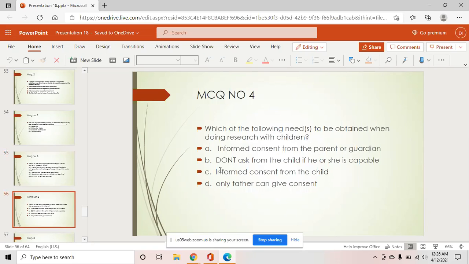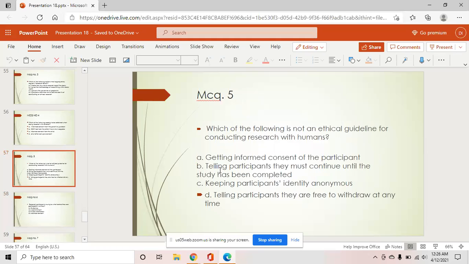Which of the following needs to be obtained when doing research with children? Informed consent from the parent or guardian. Do not ask from the children even if he or she is capable. Informed consent from the child, and only father can give consent. A is the right answer. Which of the following is not an ethical guideline for conducting research with humans?